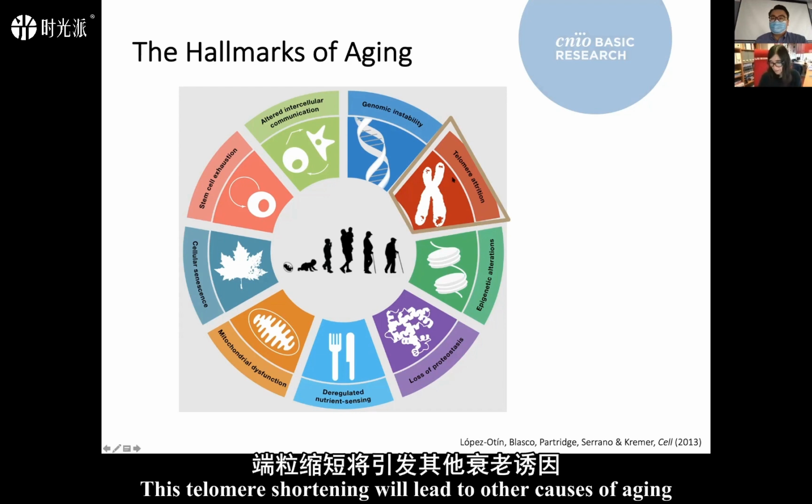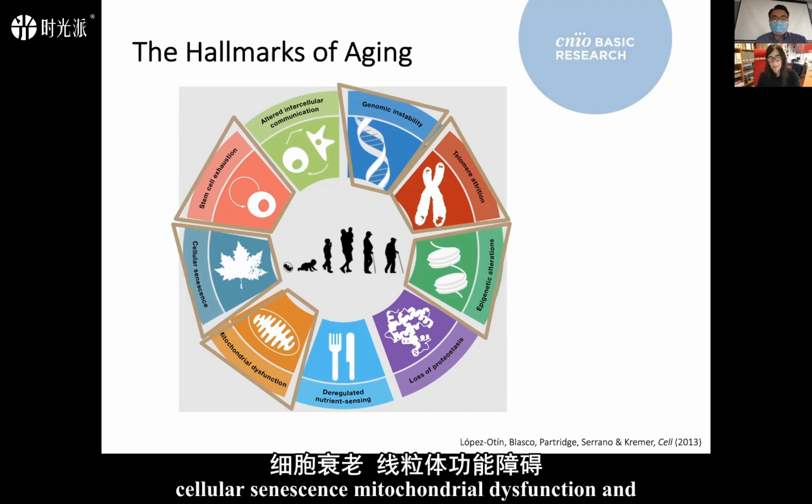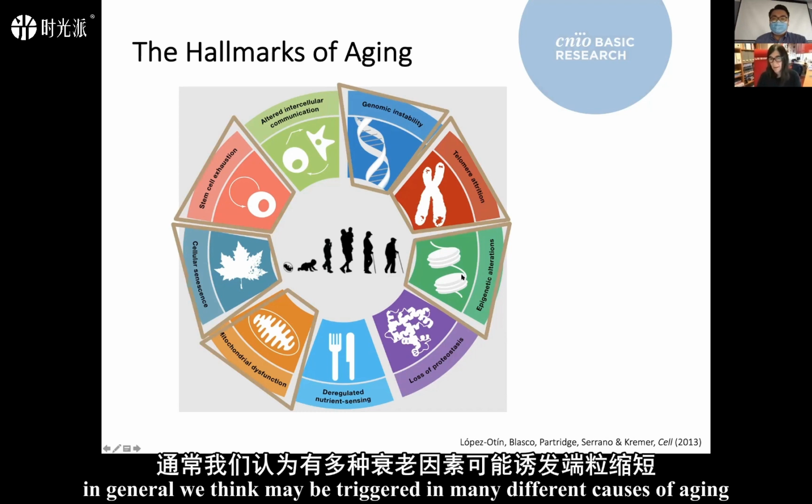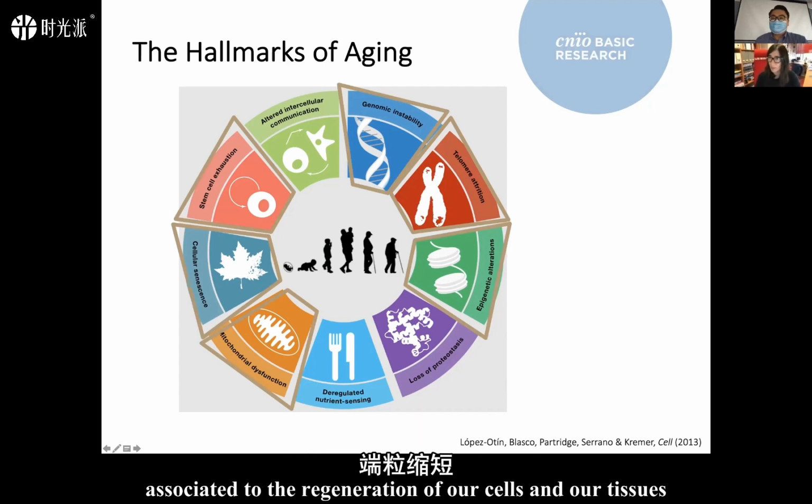And this telomere shortening will lead to other causes of aging, like genomic instability, stem cell exhaustion, cellular senescence, mitochondrial dysfunction, and in general, we think maybe triggering many different causes of aging. So that's why we think it's a primary event, this shortening of telomeres that happens associated to the regeneration of our cells and our tissues.